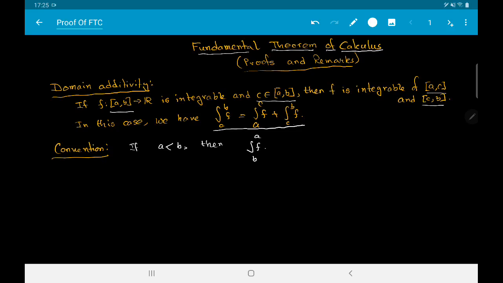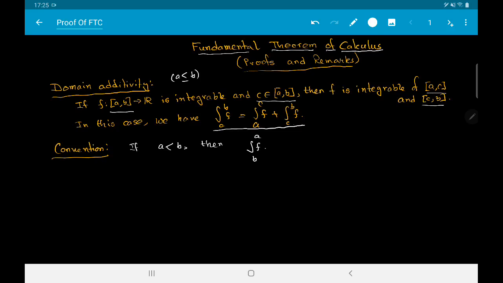There is one more thing that I wanted to tell you before I proceed to the proof of the fundamental theorem of calculus. We have always seen that our closed interval [a,b] is of the form where a is less than b, or at least a is less than or equal to b.